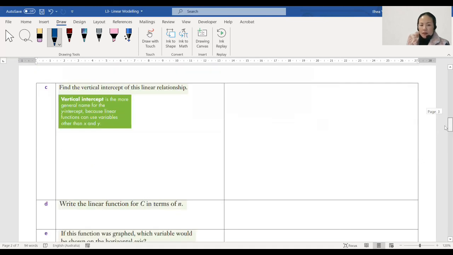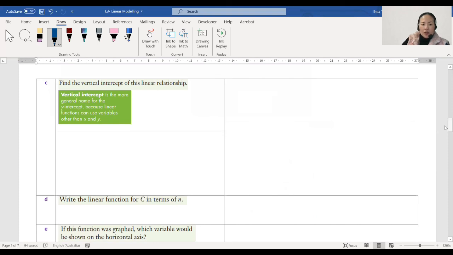So that's my answer. Okay, find the vertical intercept. Now, this is like a fancy word for y-intercept, that's all. So we have to find the y-intercept. If we want to find the y-intercept, there's one condition you have to keep, which is x equals 0. Y-intercept, x equals 0. X-intercept, y equals 0. So I need the formula to do this.